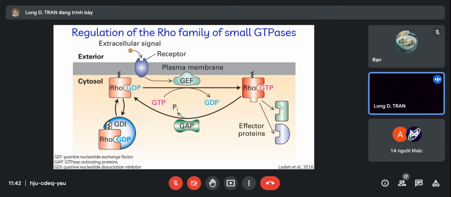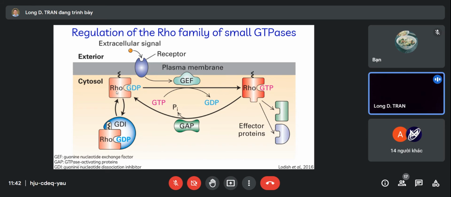Rho can activate formin, for example. And after some time, the GTPase activating protein can bind to Rho GTP and activate the GTPase domain of Rho, and therefore hydrolyze GTP to a phosphate and GDP, inactivating Rho.